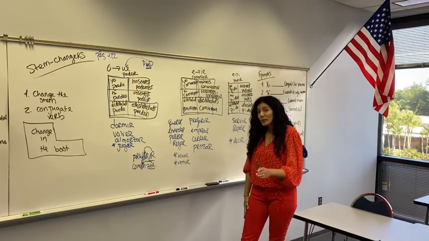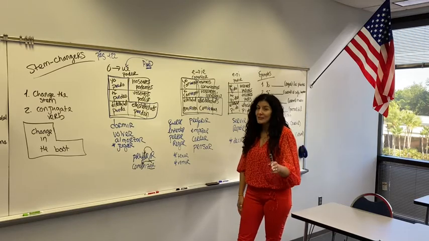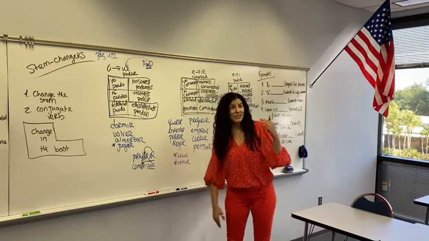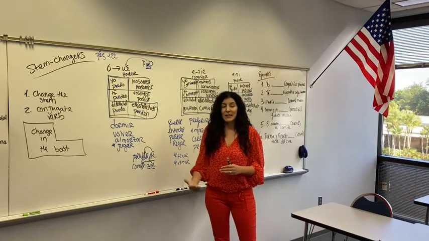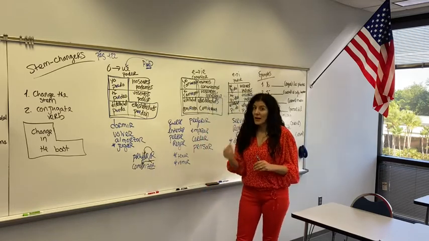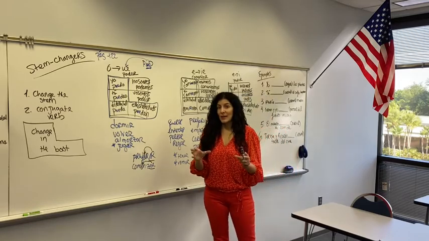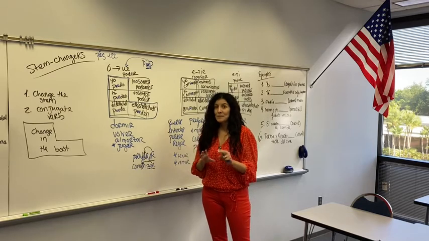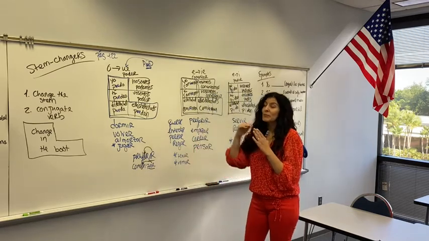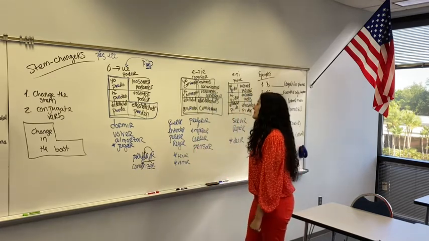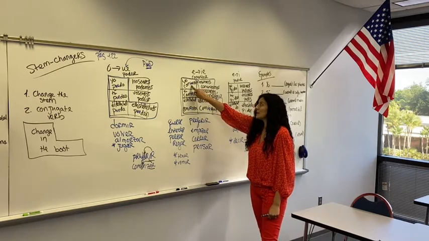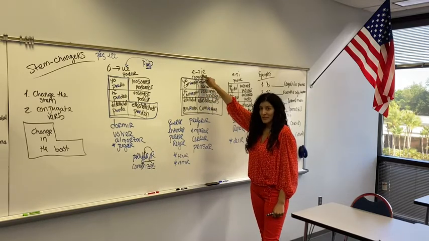It's still important to make sure that if it's an AR verb, you're adding AR verb endings. If it's an ER verb, you do ER verb endings. If it's an IR verb, you do IR verb endings. You gotta keep that straight, okay? That still applies here. The only thing that you're doing before you get to that point is you're going to take out a vowel and substitute other vowels.